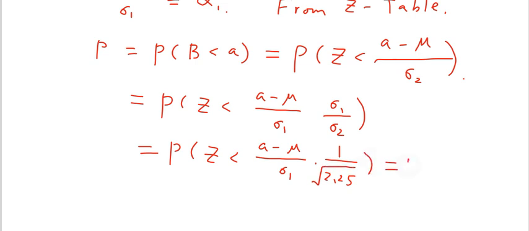So this number equals the first number we already checked, alpha 1, divided by the square root of 2.25. Then we check the table to find this probability.